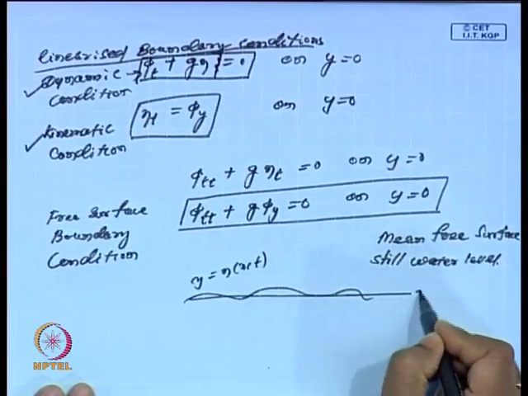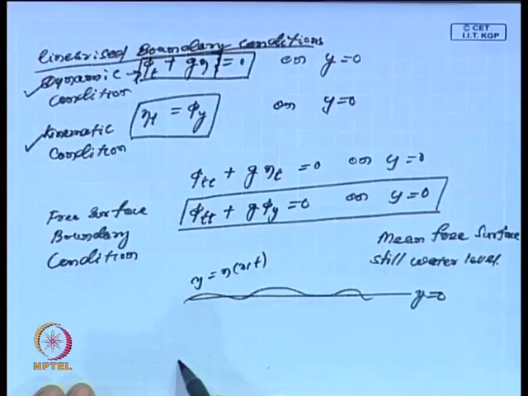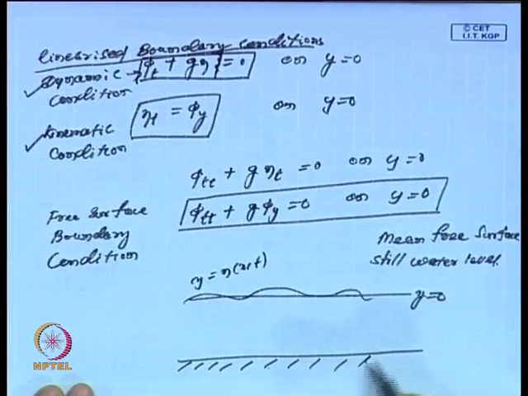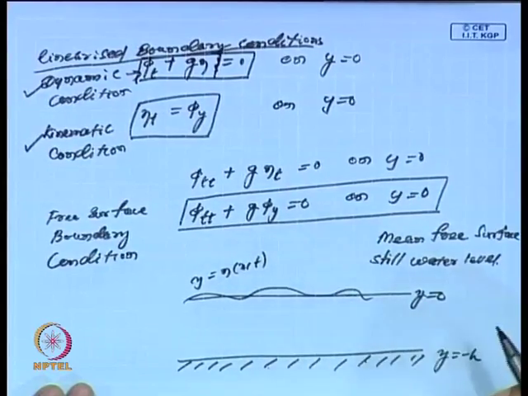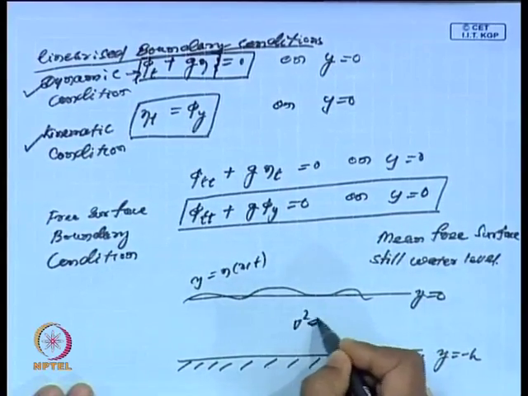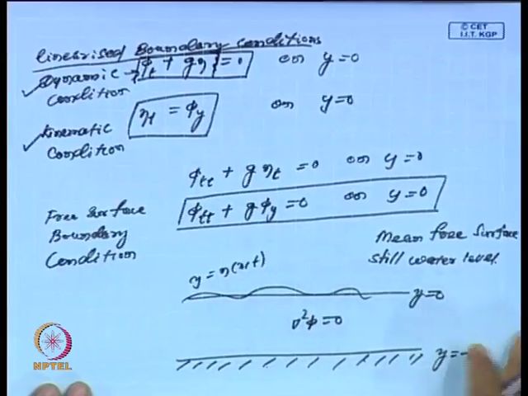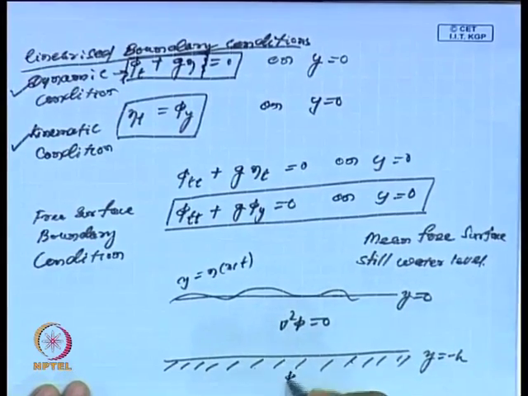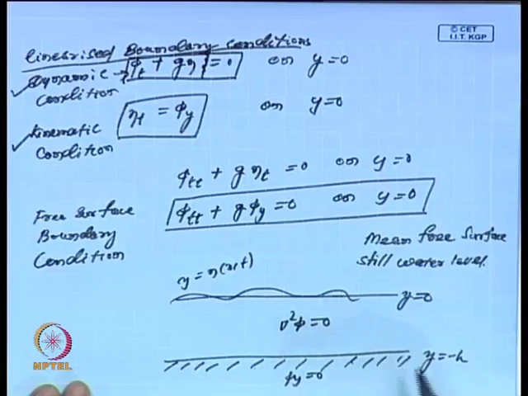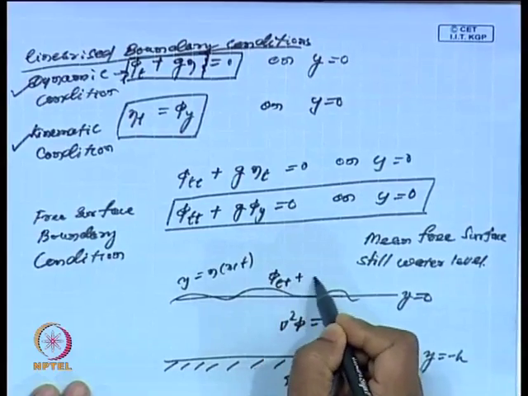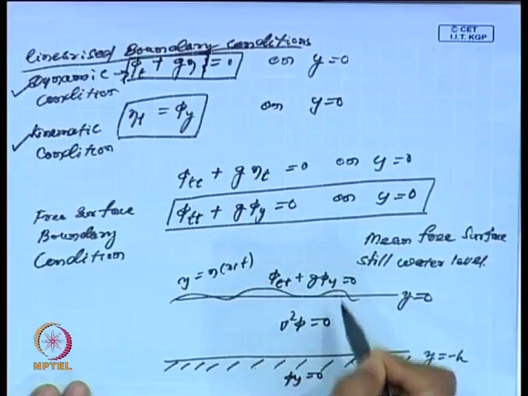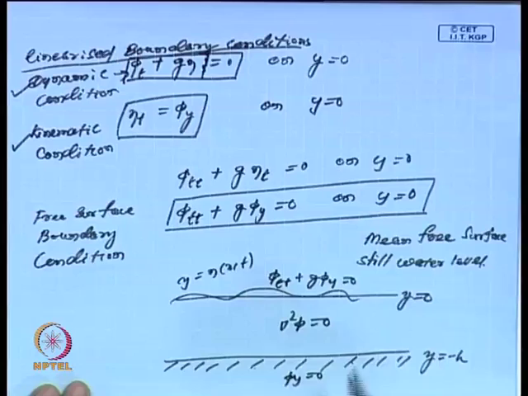When this is my y equals 0, my still water level, and I think of water of uniform depth h, at y equals minus h, then we have the Laplace equation del squared phi equals 0, and at the bottom we have phi_y equals 0, this is on y equals minus h, and here I have phi_tt plus g phi_y equals 0, this is on y equals 0.